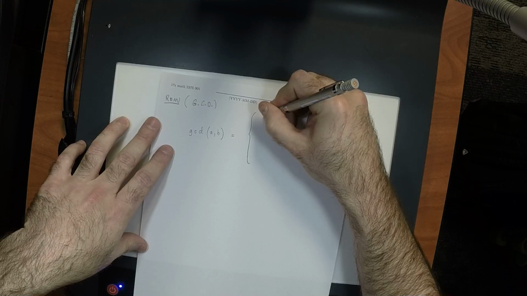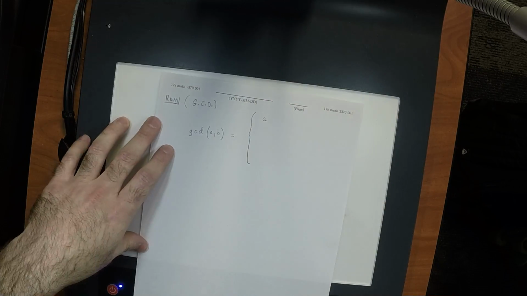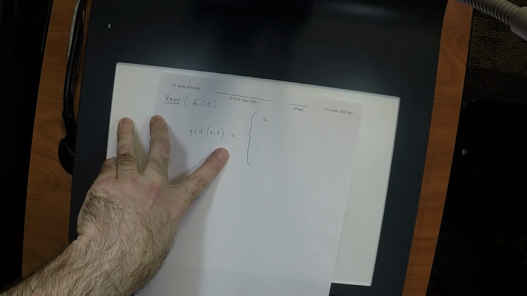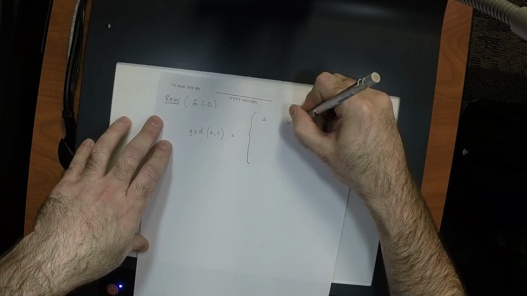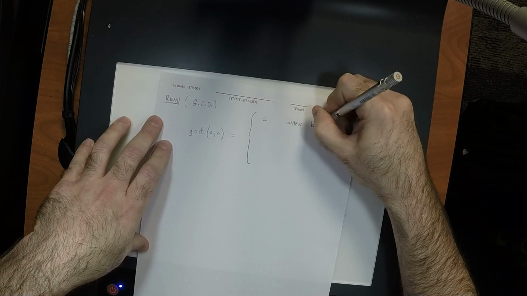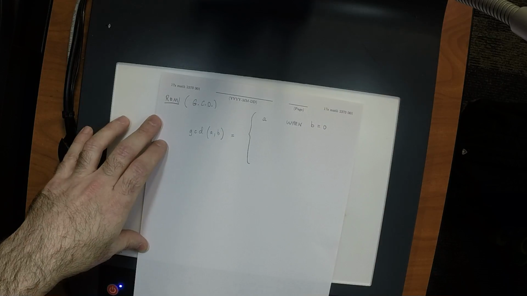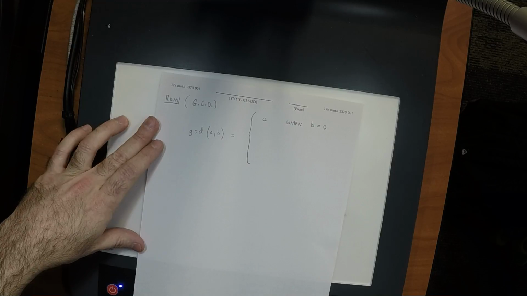One possibility is that the greatest common divisor will be A. And what is the base case where the greatest common divisor would be A? When B is 0. So that's like 2 pages ago when we said that the greatest common divisor of 13 and 0 is 13.